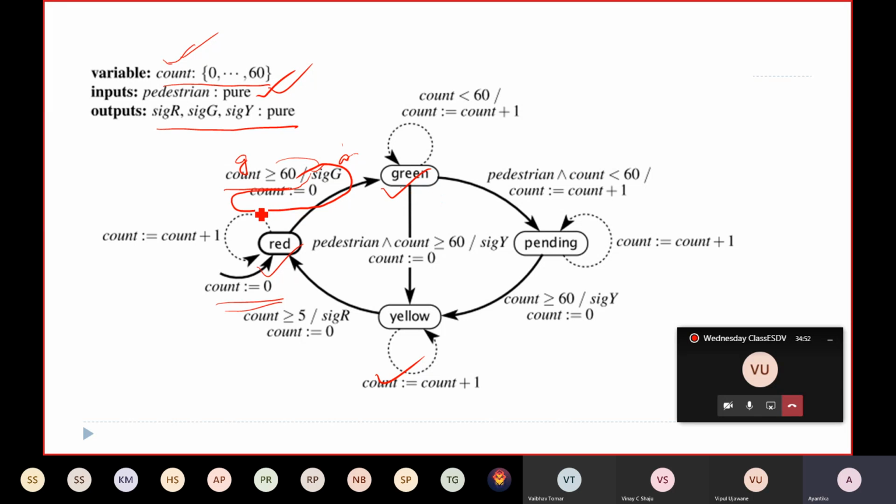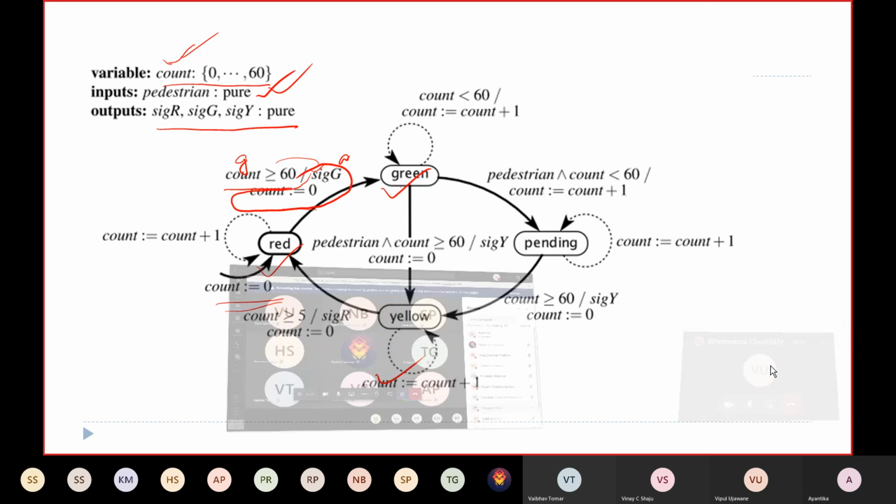The other is that once the counter reaches 60, I should set the counter to 0, because in the next step I again increase that count. So you can check this green state, yellow state, pending state, each state, and match it with your specification to see whether it is fine.